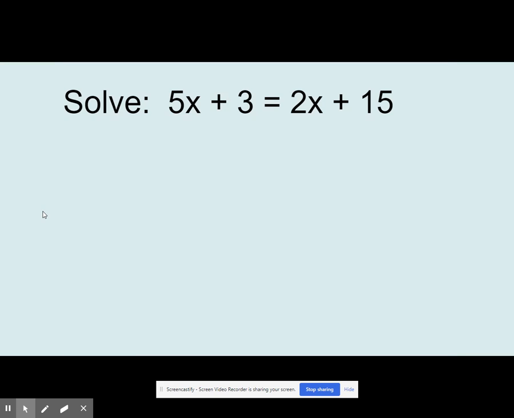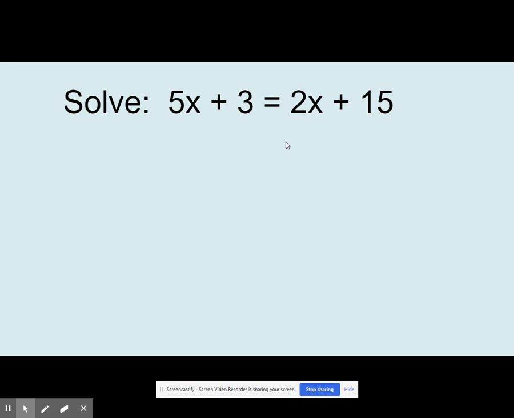So first thing, if we look at our first equation, we have 5x plus 3 equals 2x plus 15. So if we go down our list, first step is to distribute. So we'd look and see, do I have any parentheses? Are there any parentheses on the left side? No. Parentheses on the right side? No. So then let's go to the next thing on the list.